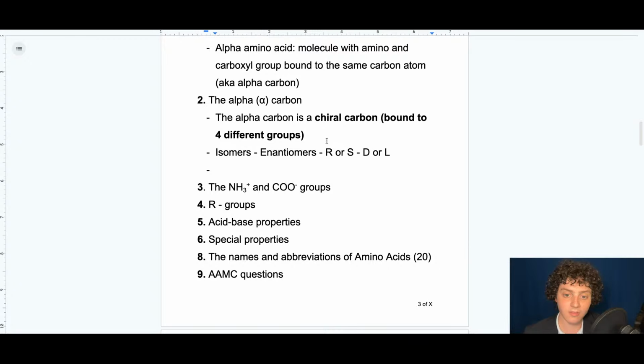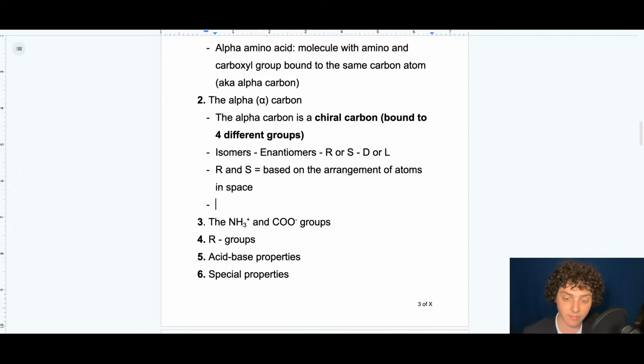So the R and S system is based on the arrangement of atoms in space. The D and L is based on how a crystallized, dissolved solution of that molecule reflects or refracts rather plane polarized light.